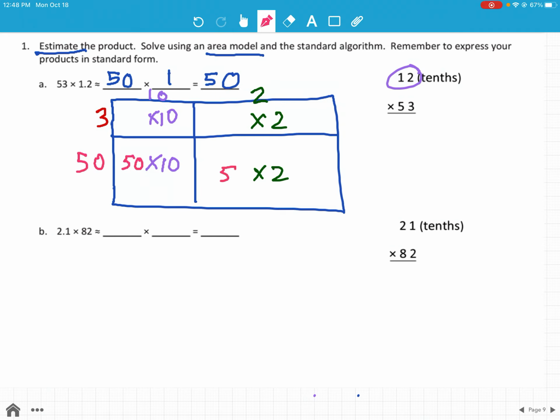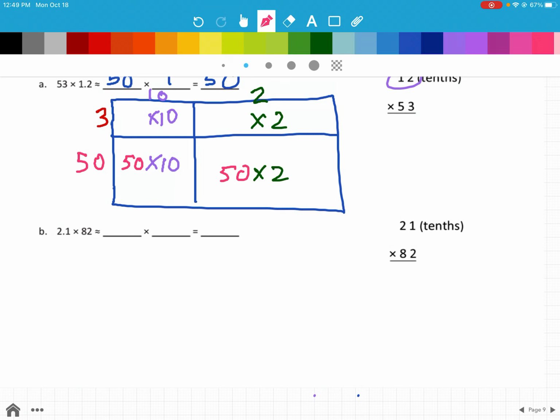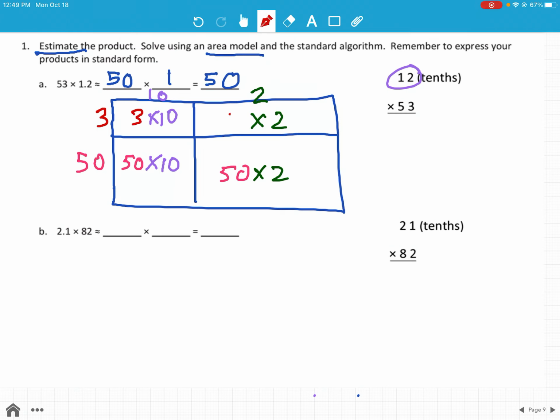So we're going to do 50 on this, and a 3 across this way. So when we multiply 3 times 10, we know it's 30. And we know that 3 times 2 equals 6. When we add those two together, we get 36. This is our first partial product.